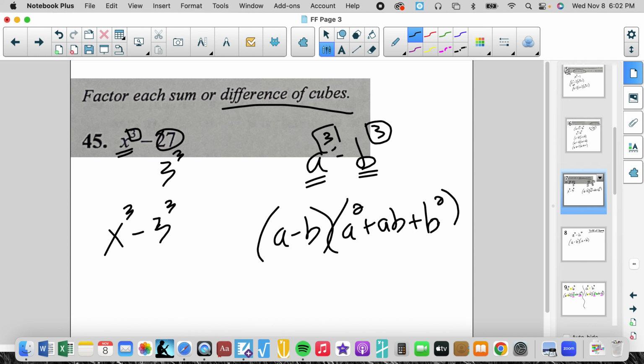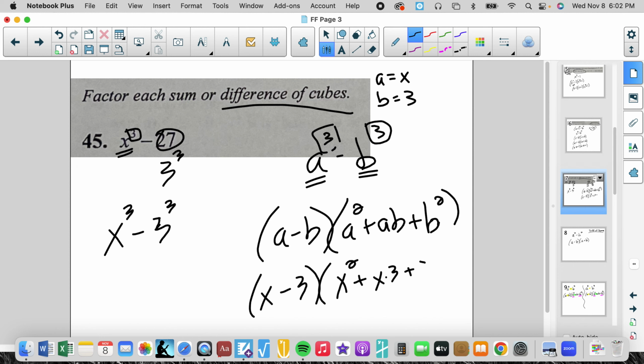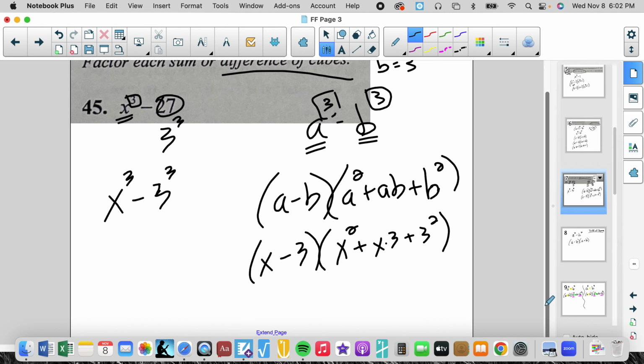Now I'm going to take my a. In this case, a is x, b is 3, and I'm going to substitute those in. If I substitute, I get x minus 3 times the quantity x squared plus x times 3 plus 3 squared. And I can simplify that.